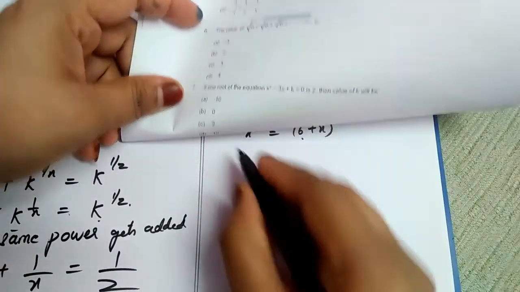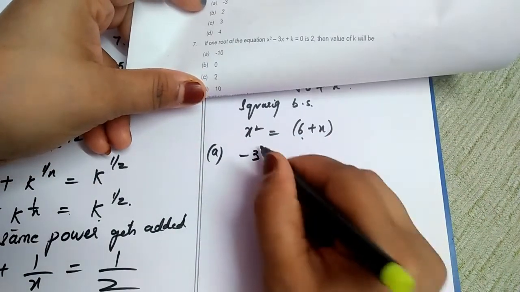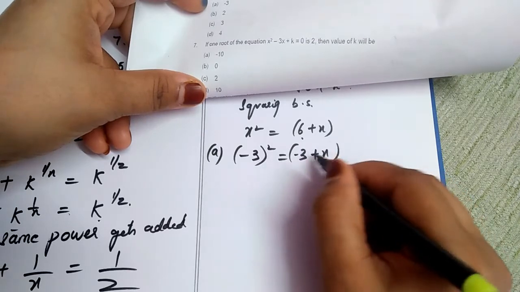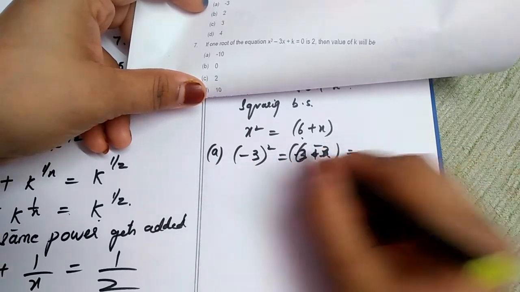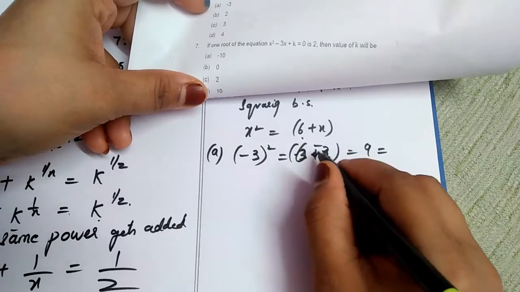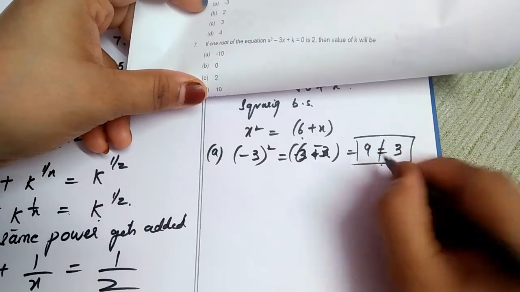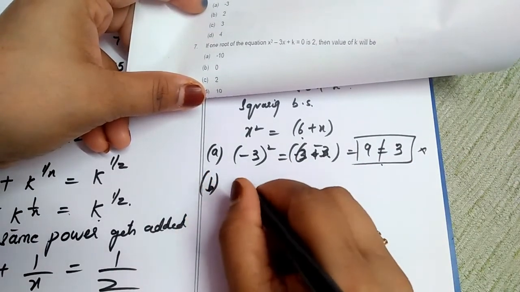First we take option A, which is -3. In place of x, -3 the whole square is equal to 6 minus 3. So 3 square is 9, which should equal 6 minus 3, which is 3. Is it equal? No, it's not equal. So option A is not good. B, the answer is 2.